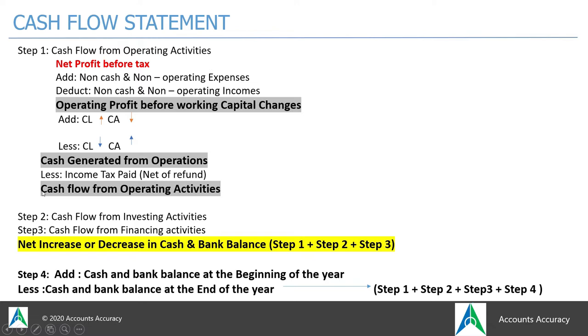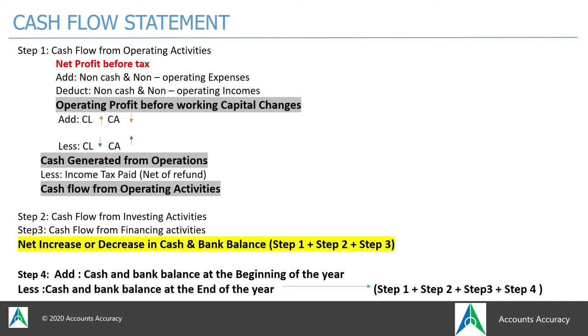Now all these steps, that is, the non-cash items addition, deduction of incomes and working capital changes, as well as the calculation of cash from operating activities, we will understand in the next video. But in today's video, we will only study the net profit calculation. This is also important to know, how the net profit before tax is calculated. One by one, we will understand it slowly and steadily.